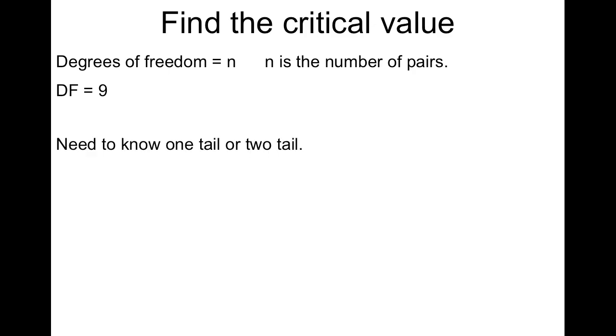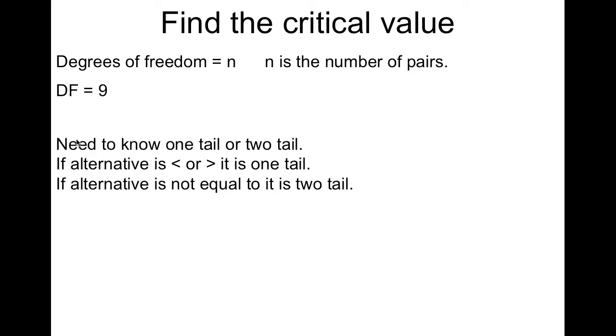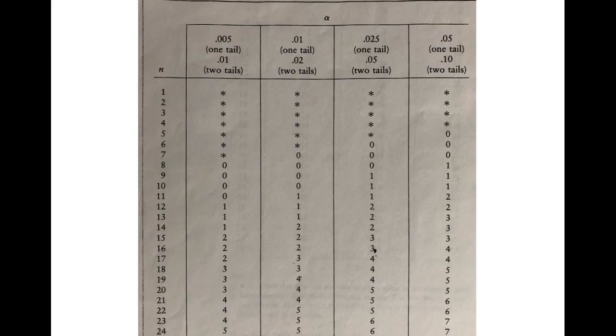So if we go to the chart now, it's important we have our degrees of freedom is n, which is 9. We know we're looking at a one-tail test, and our alpha level was 0.05. Since it was 95% confident, our alpha level is 0.05. So if we're looking at this chart, it's very important you look at one-tail, two-tail, make sure you look at the right value. Here we're looking at the alpha level, so 0.05 one-tail.